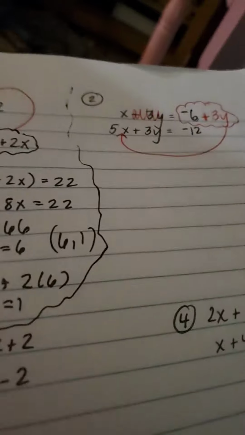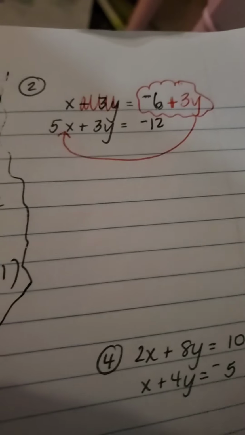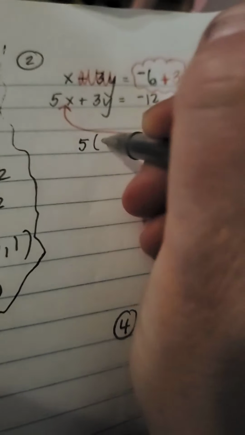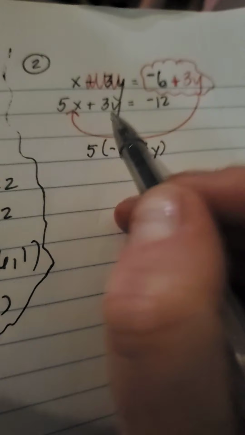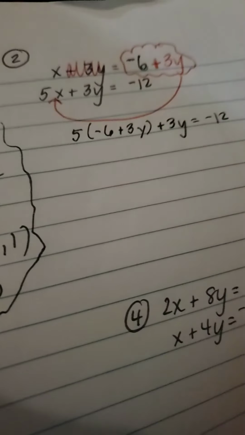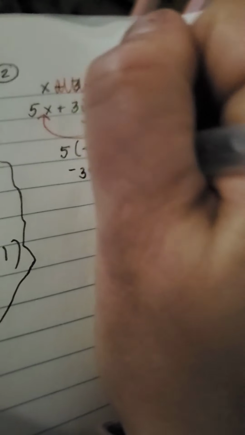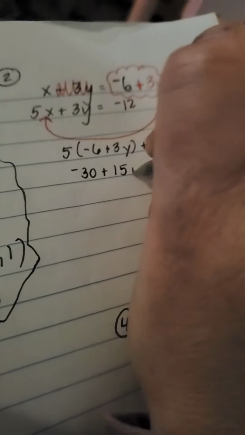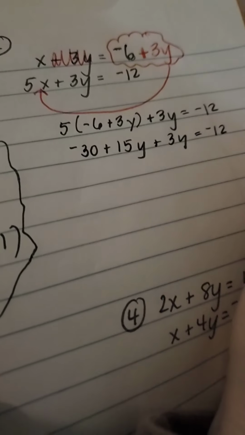So if x equals that, I'm going to plug it in for x. So I have 5 times my new x, which is that, plus 3y equals -12. So I have -30 plus 15y plus 3y equals -12.